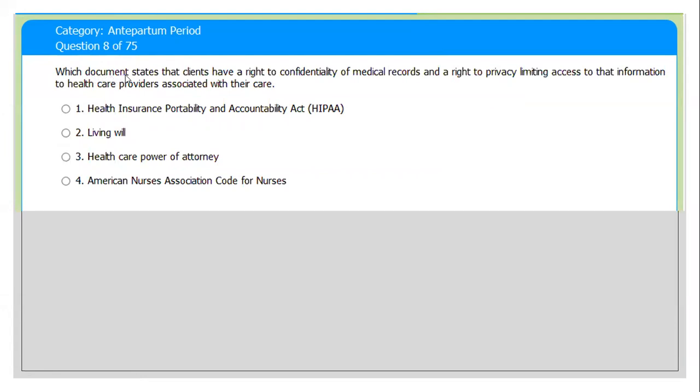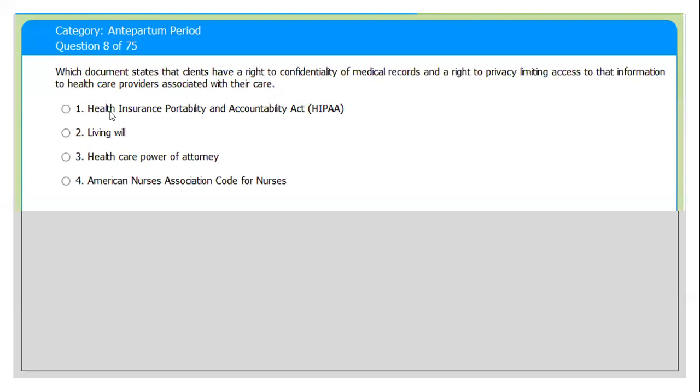Which document states that a client has a right to confidentiality of medical records and a right to privacy, limiting access to this information to the healthcare providers associated with their care?